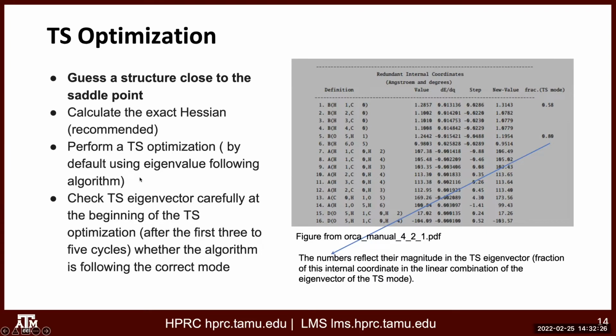And the program will perform a transition state optimization using the eigenvalue following algorithm. Once the optimization is done, it will automatically perform a frequency calculation to check the number of imaginary modes to make sure it is a transition state. But you don't have to wait until the optimization is done.